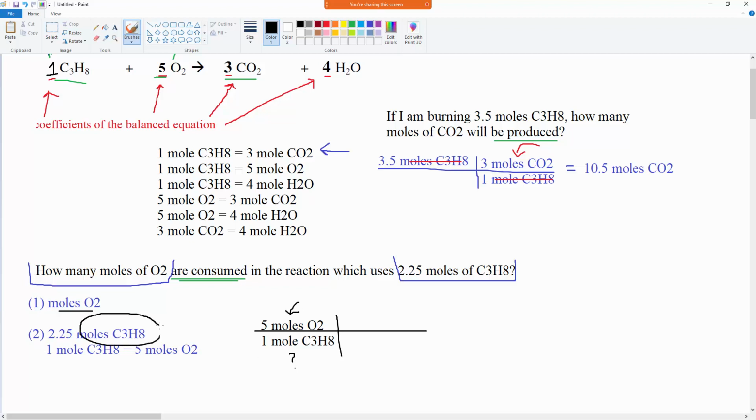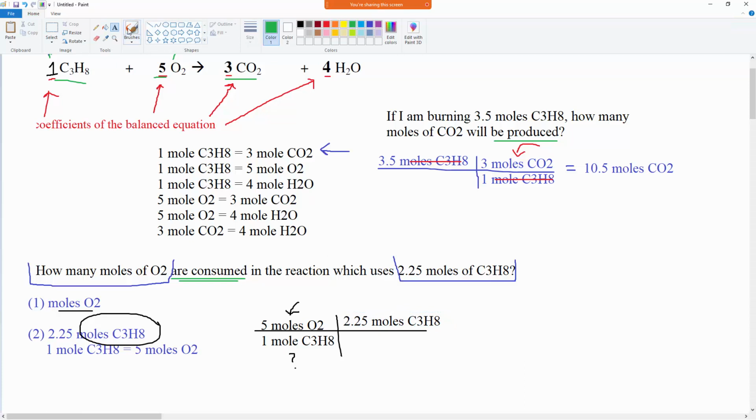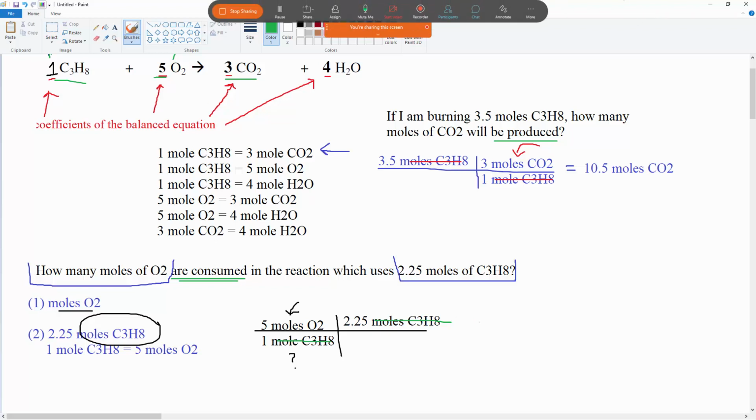Look, I have moles of C3H8. I can use those to cancel them out. Just like that. And now my moles of C3H8 cancel. One-step conversion. How do you feel about this so far?